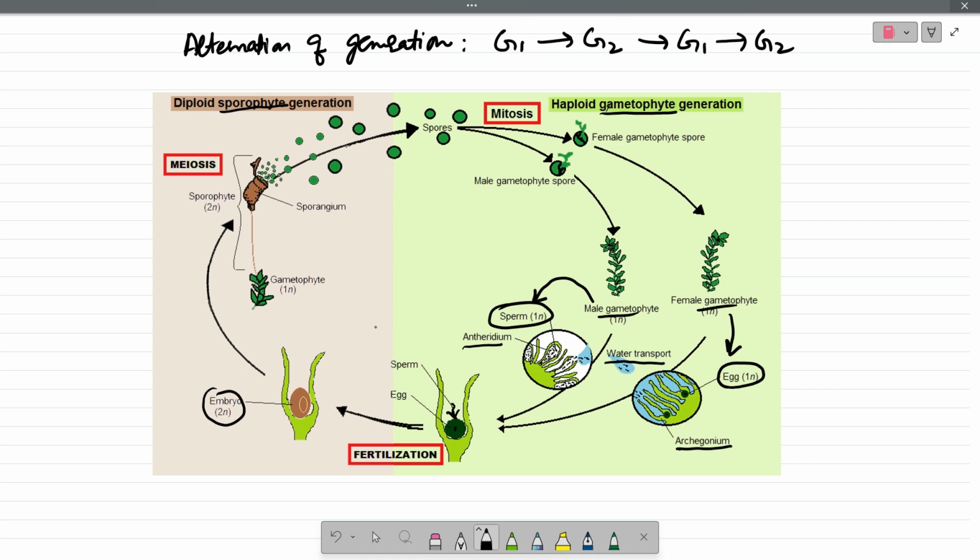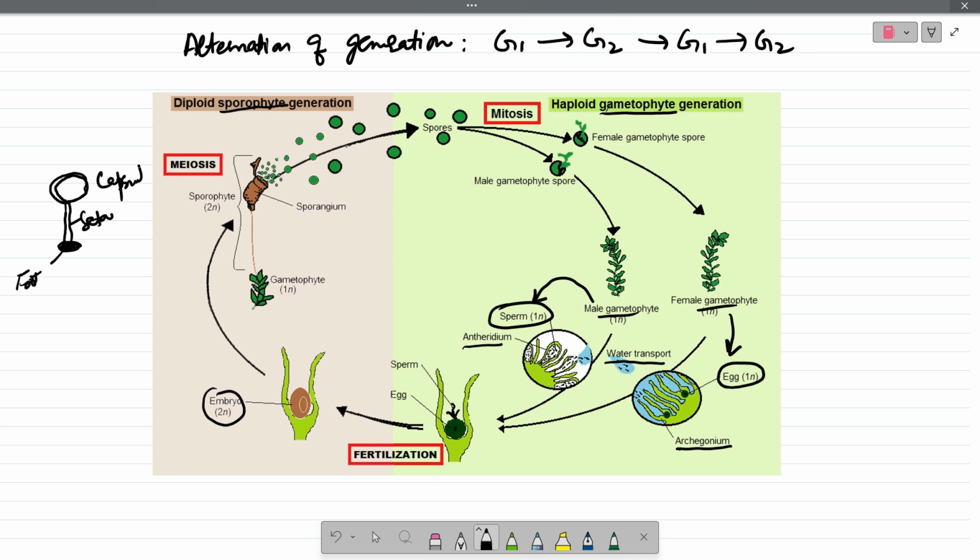And this embryo then grows into a sporophyte, which is diploid. This sporophyte develops on the female gametophyte itself, and it consists of a bulbous foot. It's called foot, and it has a stalk, which is called a seta, and it also has a sporogonium, or what is called a capsule.